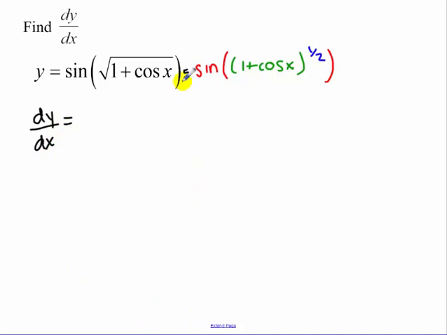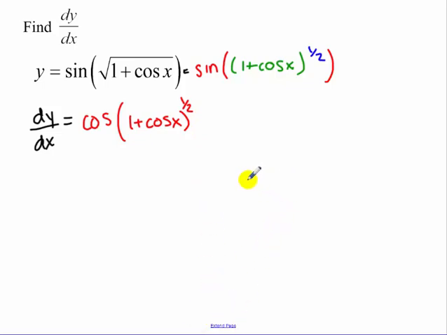Okay, what's the outermost layer? The outermost layer is the red piece. So the derivative of sine is the cosine, and leave everything inside intact. Now we multiply by the derivative of the next function.